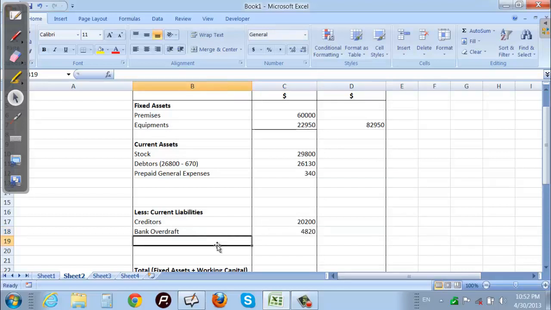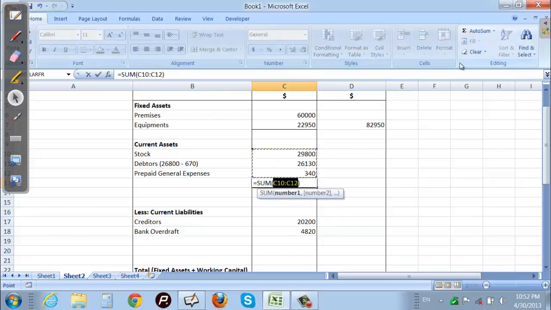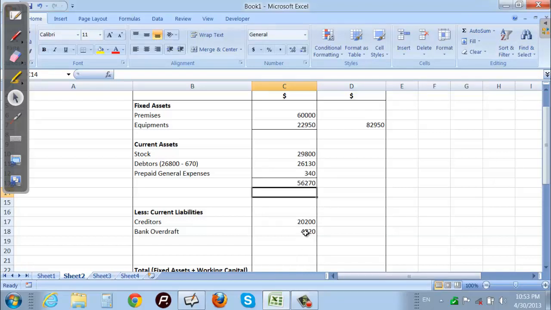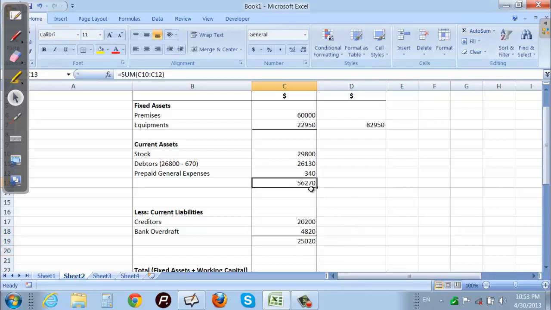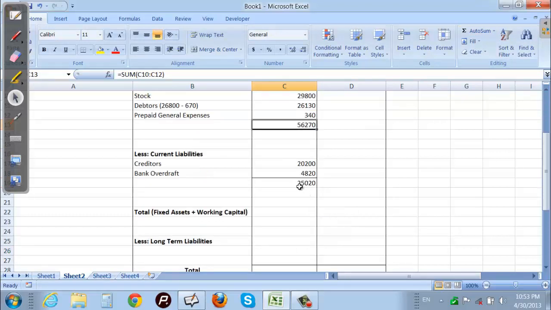So now let's see what is the total of current assets. Our total of current asset will be $56,270, and let's see what is the total of current liabilities. The total of current liability is $25,020, and now from this total of current assets I will subtract our total of current liability. Then let's see what will be the working capital.